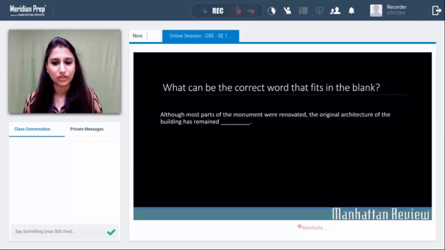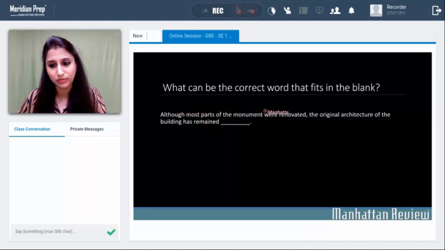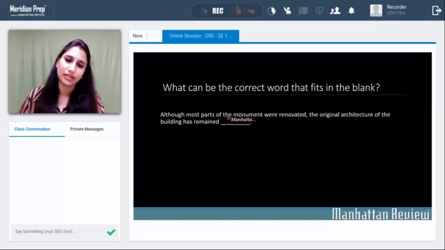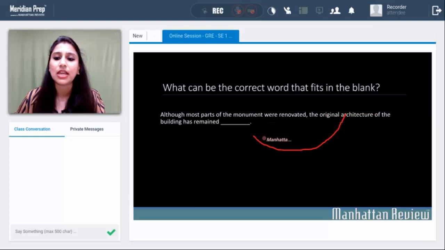Let us give a try on this simple sentence. Let's read the sentence. Although most parts of the monument were renovated, the original architecture of the building has remained blank. Now, what is the blank speaking about? The blank is speaking about how is the original architecture, isn't it?